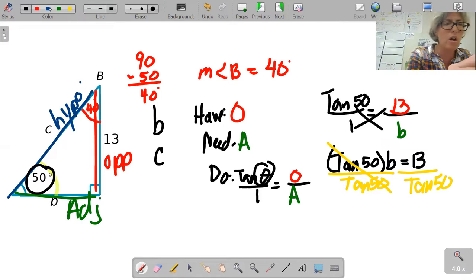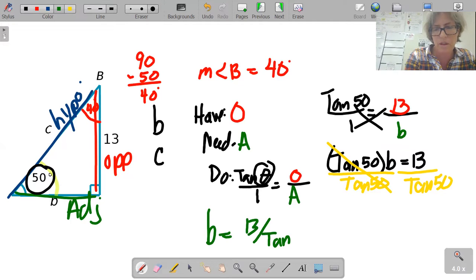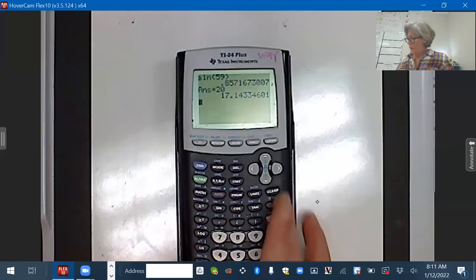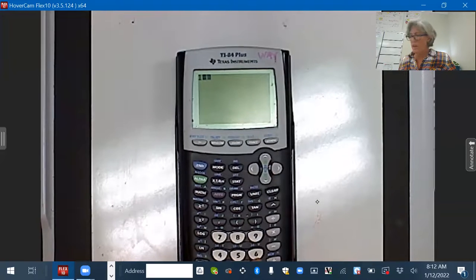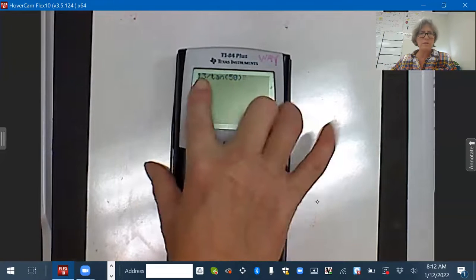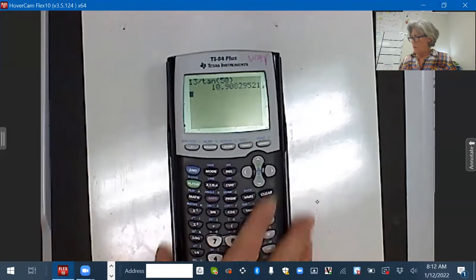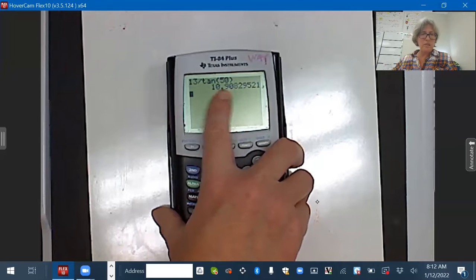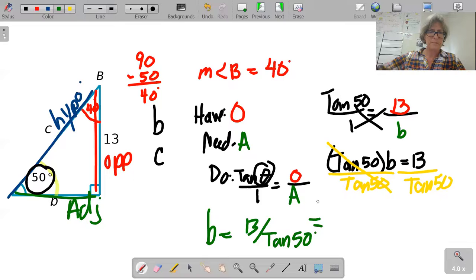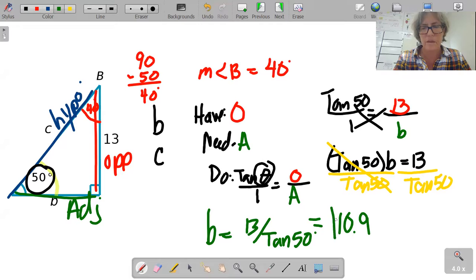So our B here is going to be 13 divided by the tan of 50. Enter. Round it to the tenths place, so that's 10.9. That would be B.